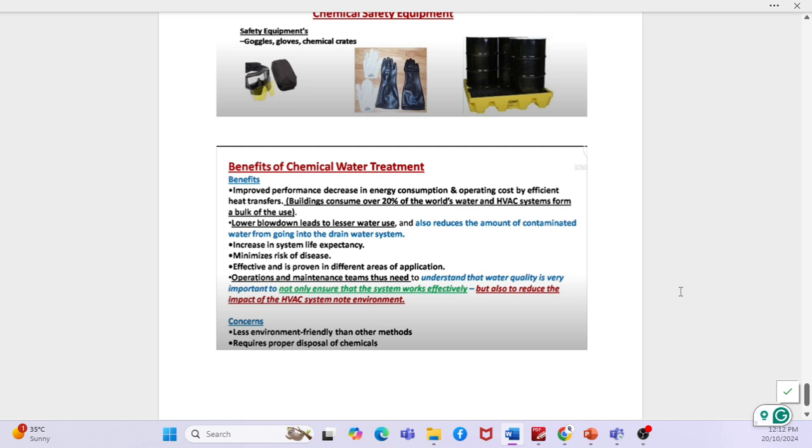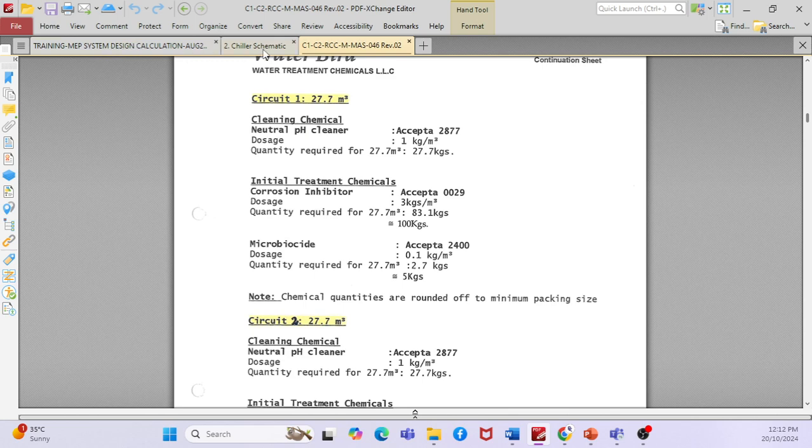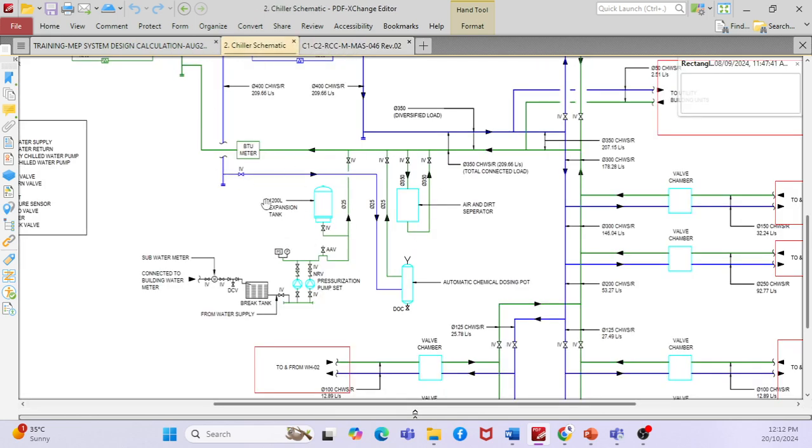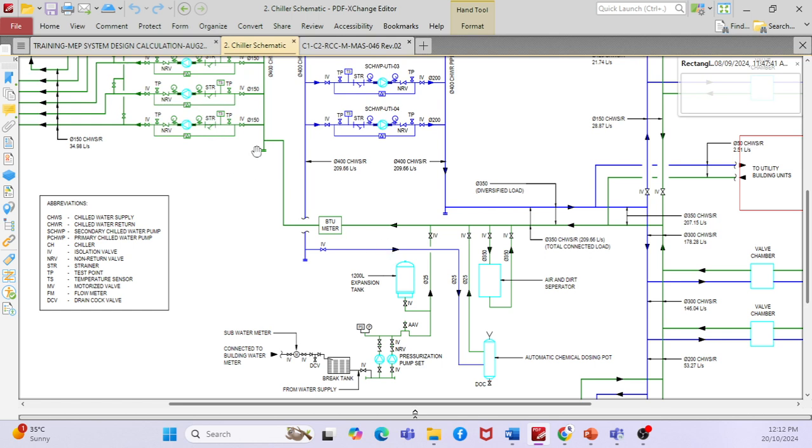Okay, so this is about the chilled water chemical treatment system. We have seen the schematic diagram, where the system normally will be on the suction side. Before entering into the equipment, like pumps or chiller, you are going to treat the water, if required.